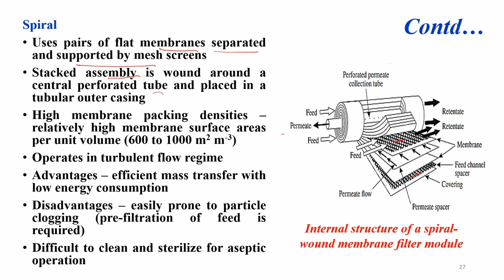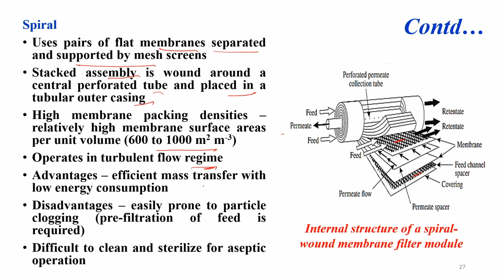So, there is a central perforated tube and they are stacked around it and placed in a tubular outer casing. It is a kind of tubular device, and because of this arrangement it has very high surface area in the range of 600 to 1000 meter square per meter cube, and it operates in a turbulent region.